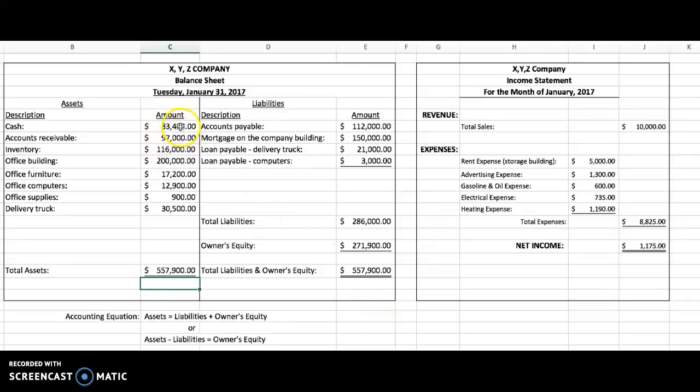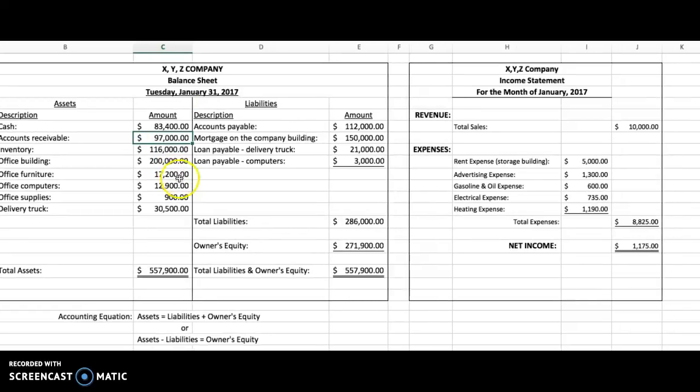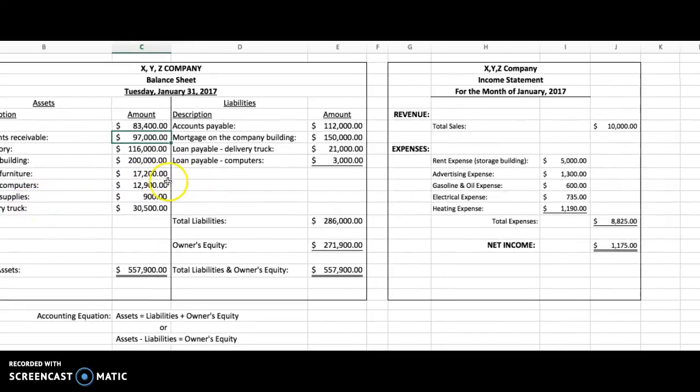You see on the left side cash, a very obvious and typical asset, and that could be a total of all the money we have in the cash register, in the savings account, everything that we have on hand as far as actual cash. Accounts receivable, as you now know, indicates that people owe us money, considered to be an asset. We will eventually get that money.